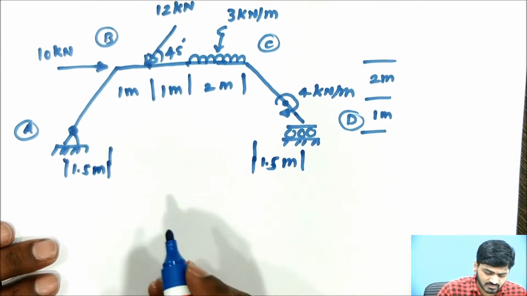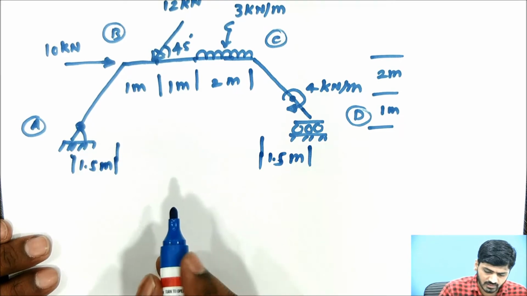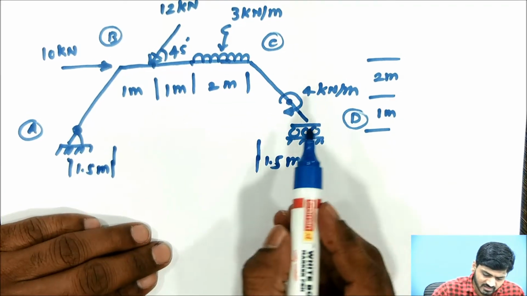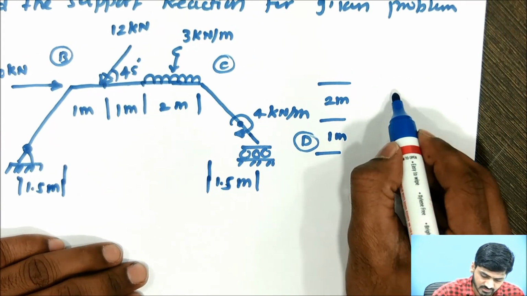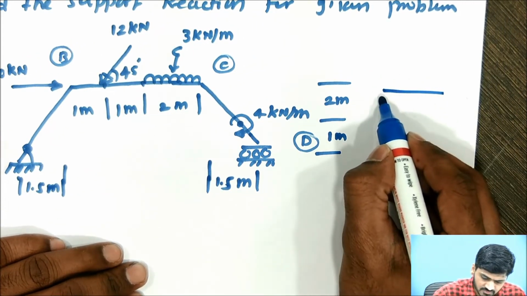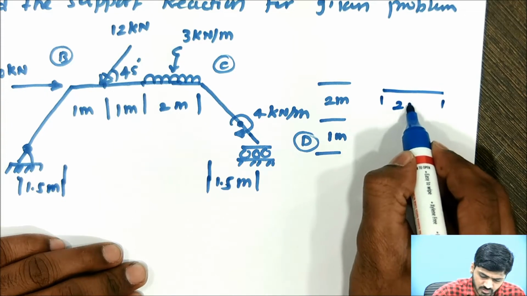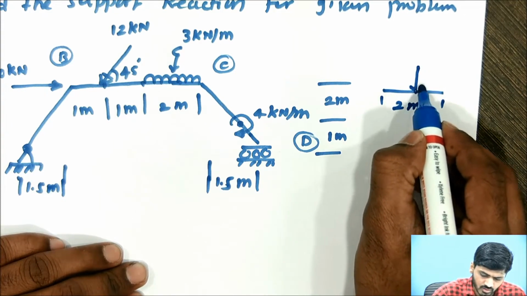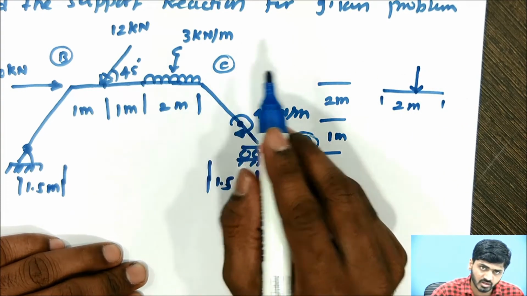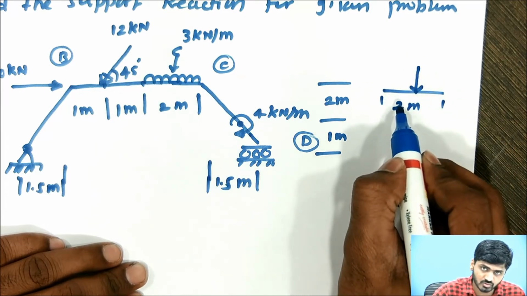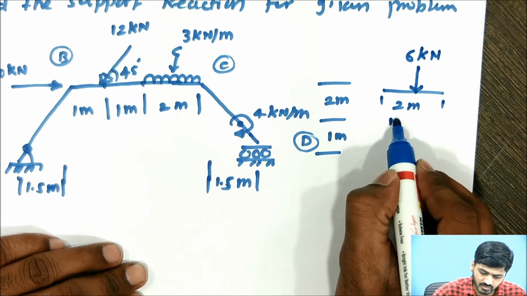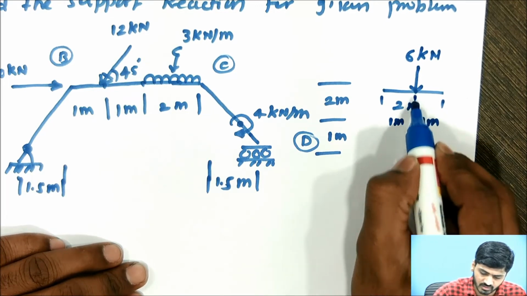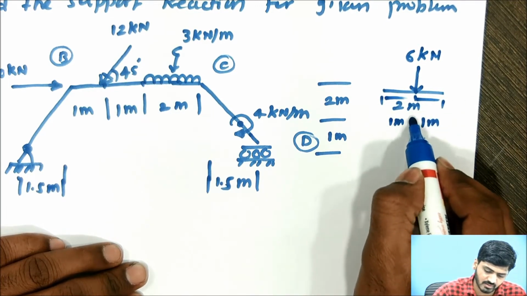So first, before the first step that we are going to apply, I am converting this UDL into point load. I am showing the details. The span of the UDL is 2 meter. Whenever we are converting a UDL into a point load, it is 3 into 2, that is 6 kilonewton. The intensity is there, and the distance is 1 meter and 1 meter; we are bifurcating it.